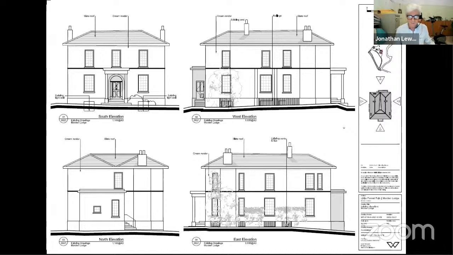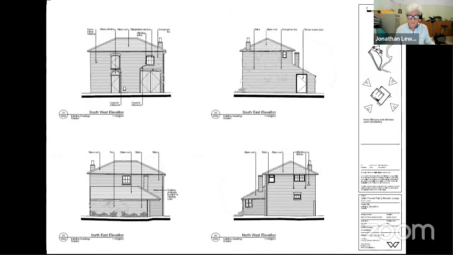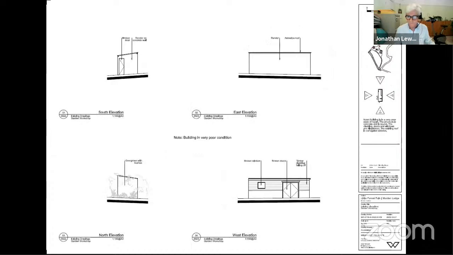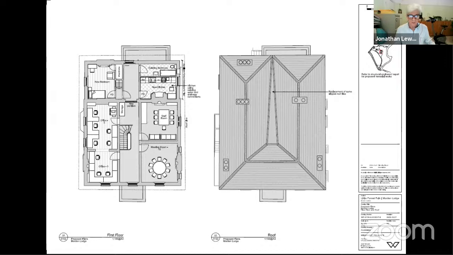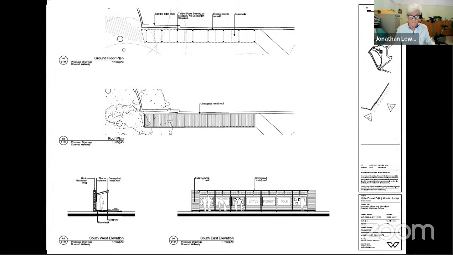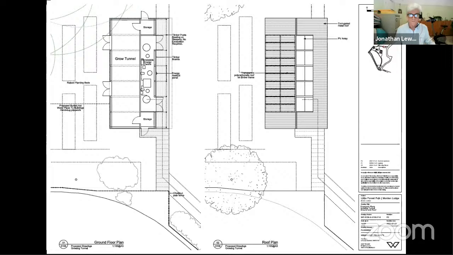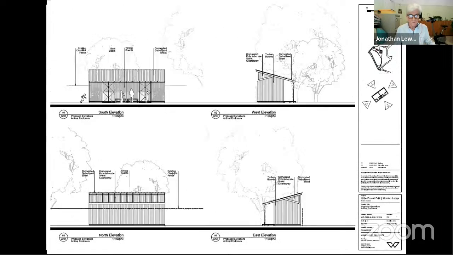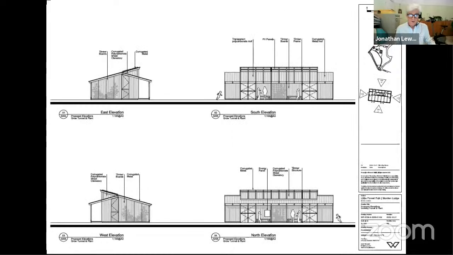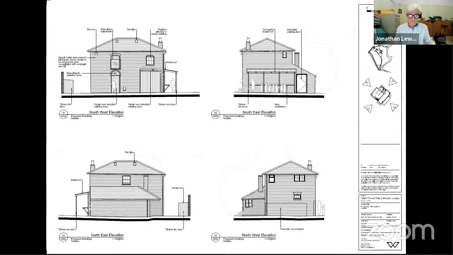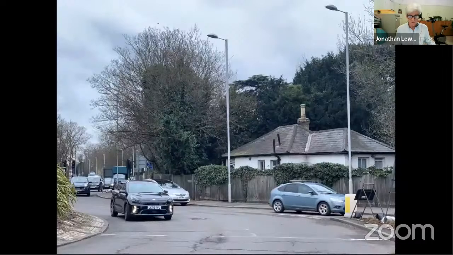If I can just take members to some of the images of the building on the site. Sorry, the planning officer has put together quite an extensive set of documents here.